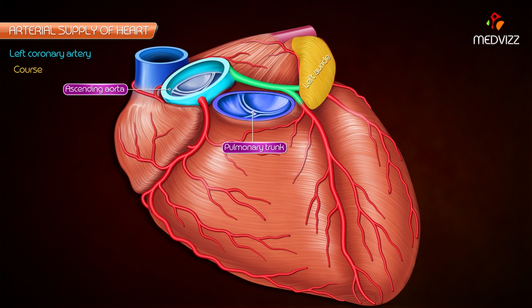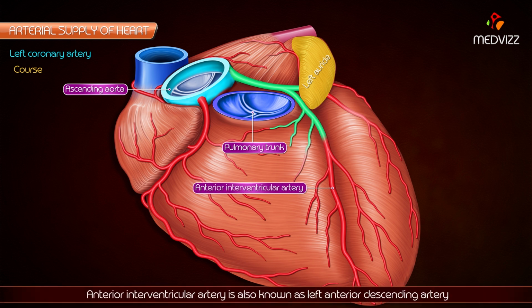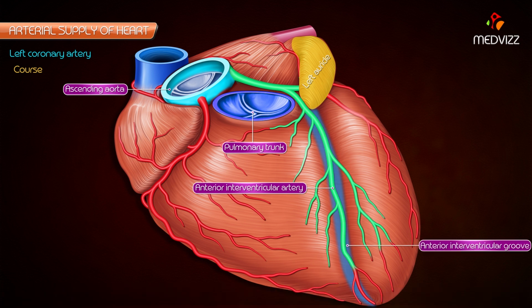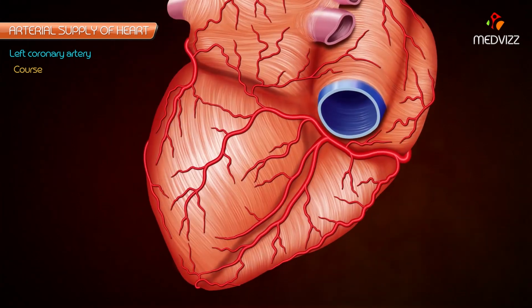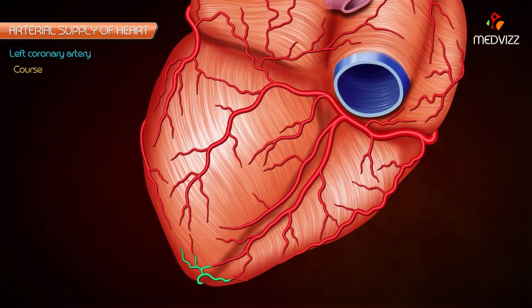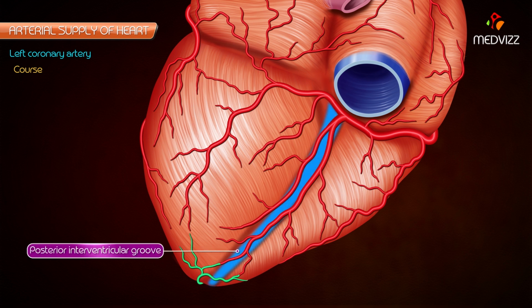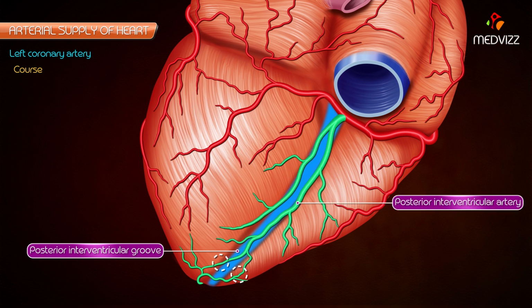It then divides into an anterior interventricular artery, also known as left anterior descending artery, and runs downwards in the anterior interventricular groove to the apex of the heart. It then passes posteriorly around the apex of the heart to enter the posterior interventricular groove to terminate by anastomosing with the posterior interventricular artery, a branch of the right coronary artery.